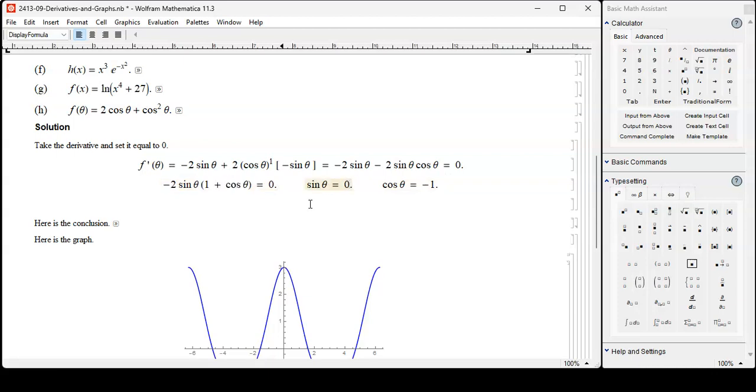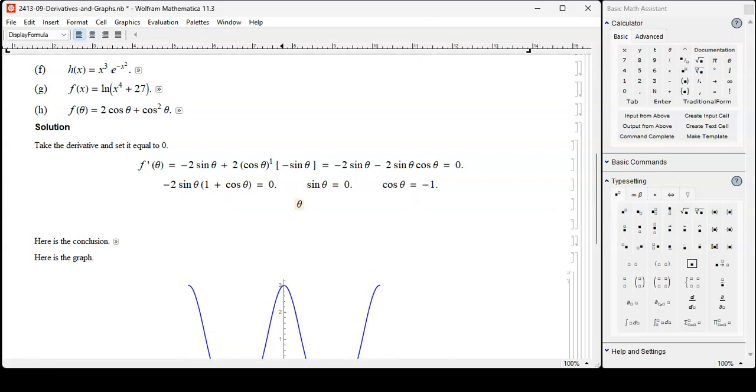Sine of theta is equal to 0. That's theta is, let's see, 2k pi. K belongs to any integer.